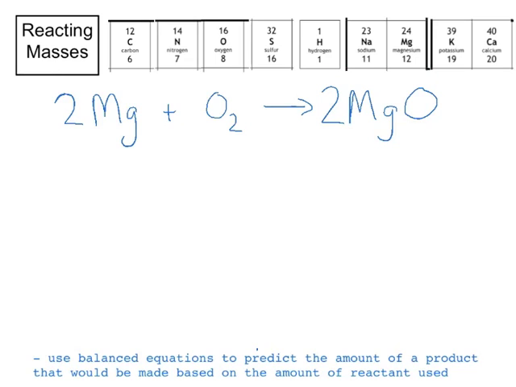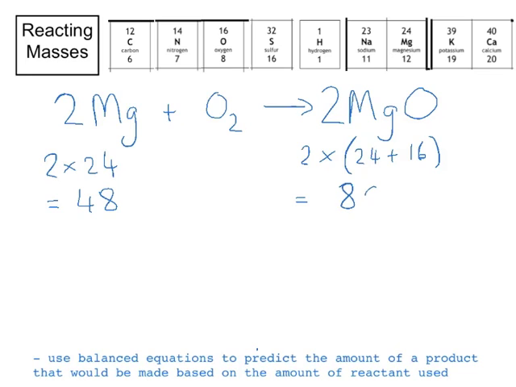So 1 magnesium, if we look at the elements up here, weighs 24, so 2 of them will weigh 48. 2 magnesium oxides will weigh 2 times 24 plus 16, and 24 plus 16 is 40, so that equals 80.